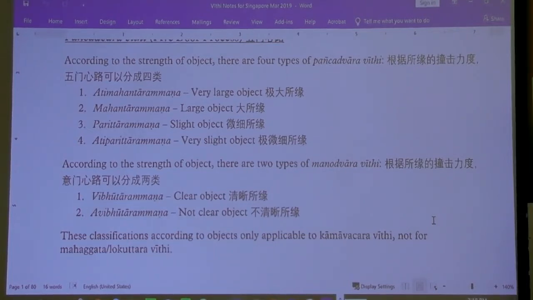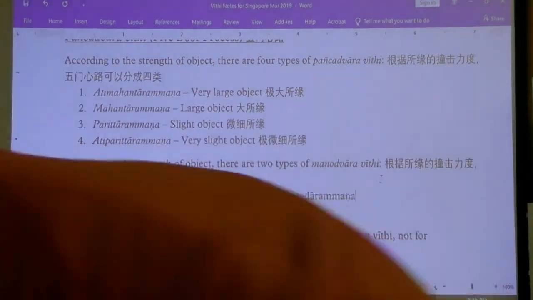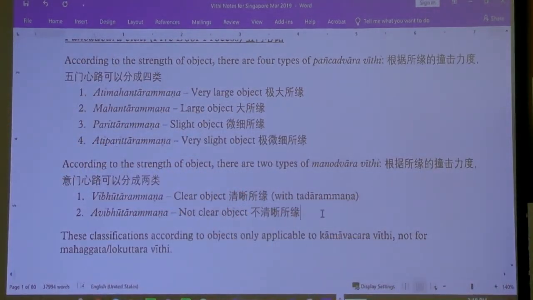Definitely, after jhana consciousness, a registration mind never ever arises. After jhana consciousness, never ever does any registration mind arise. This one is only for the Kamavacara being, the sensual plane.